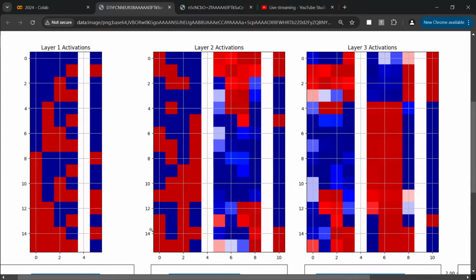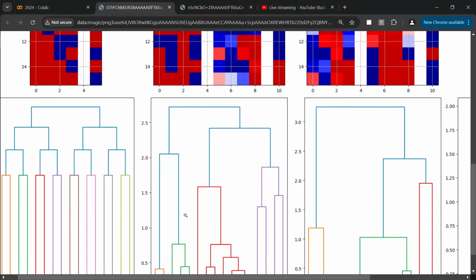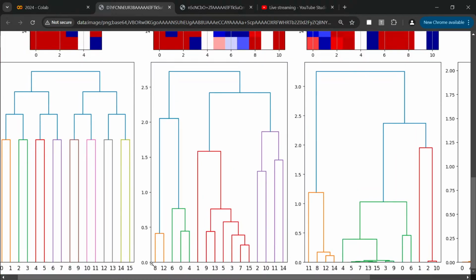A little thing about the visualization: these three blocks are the inputs. These rows and these rows are the same, but in this matrix, the rows are sorted according to this dendrogram, which is just based on Euclidean distance.